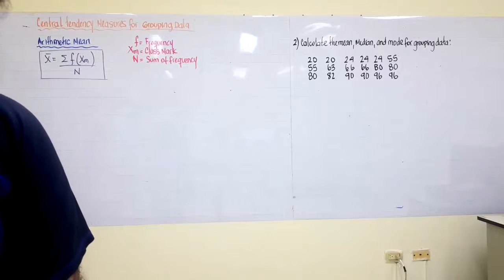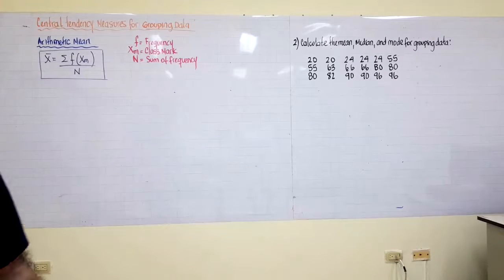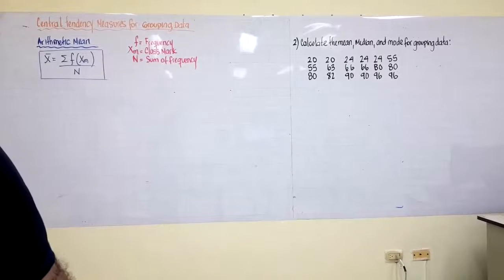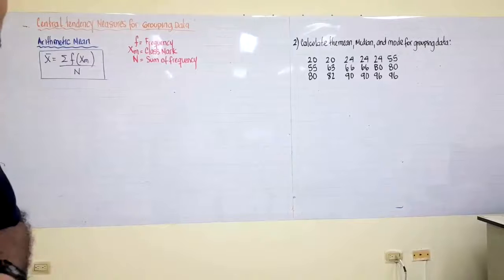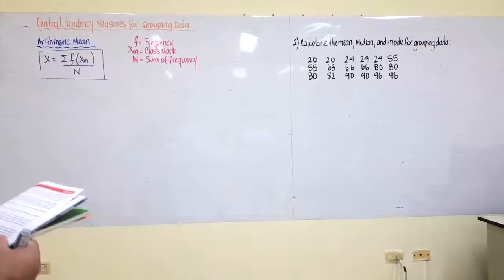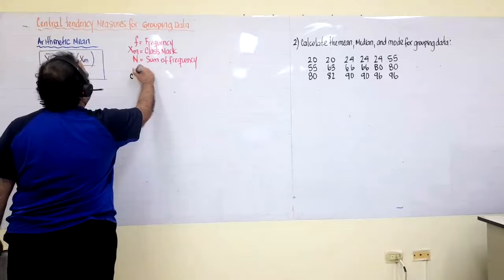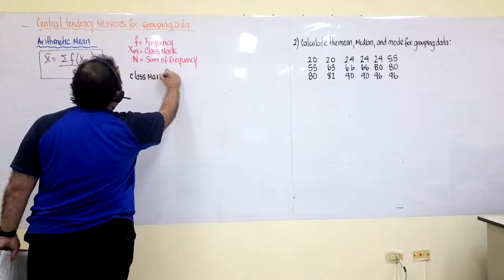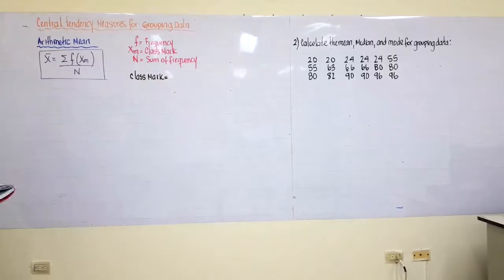And what will be the class mark? In simple words, I'm going to copy the definition over here and clarify it. This is a few formulas, and after that we're going to start with the example.